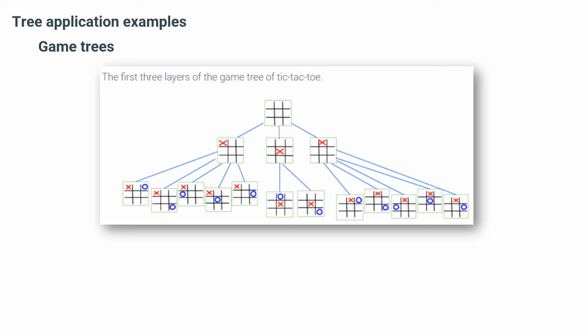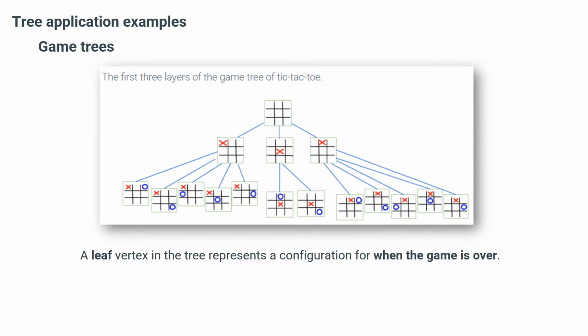When X puts their first one in, and then O puts one in. So you can imagine that this could get very big very quick, because this is only just one turn for each, and so it would get very big. But we could consider these plays as a tree.